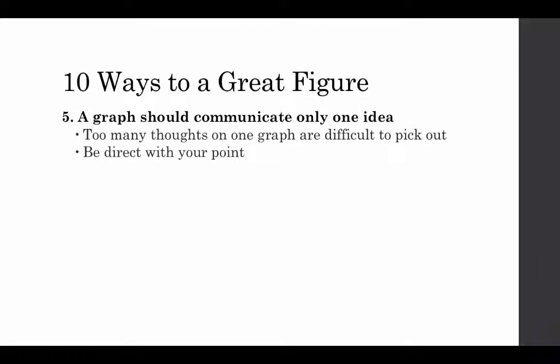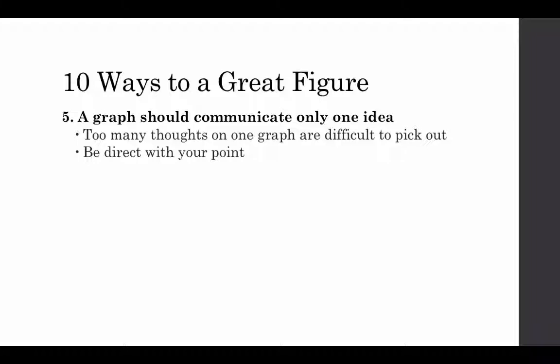Number five, a graph should communicate only one idea. Too many thoughts can be confusing. Now, when you're able to add and compare two different things using multiple axis labels, that can be helpful, but you have to be very good at labeling and identifying that data.